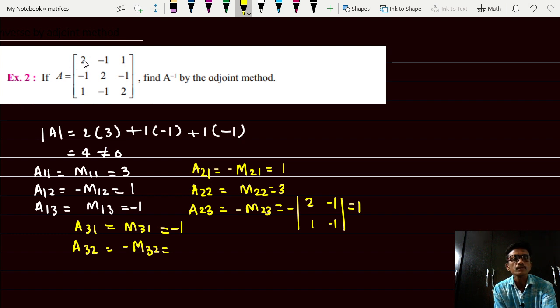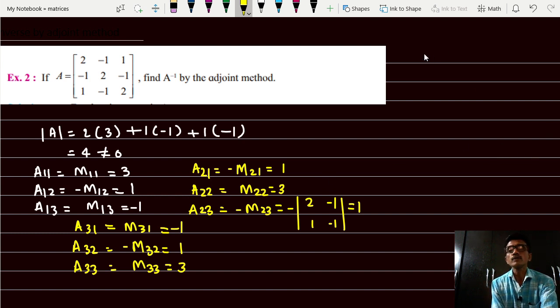What is the expansion of this? Minus 2 and this plus 1, meaning minus 1, so this will be plus 1. Then A33 is equal to M33, which is third row and third column. 4 minus 1 that is equal to 3. So we are getting all cofactors.